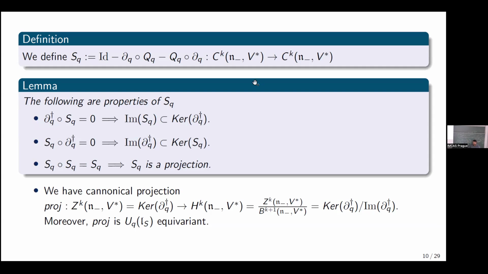Because our sequence is decreasing, that's why I take k plus 1 instead of k minus 1. And one can prove this canonical projection is UQL equivariant, and this is a very short 2-line or 3-line proof.